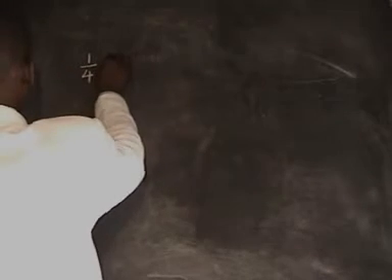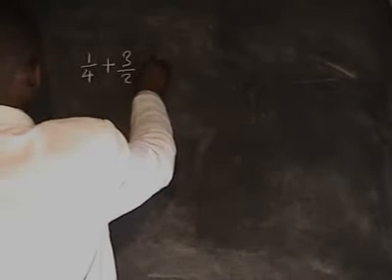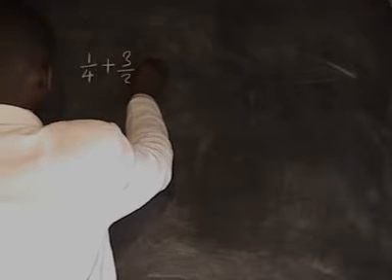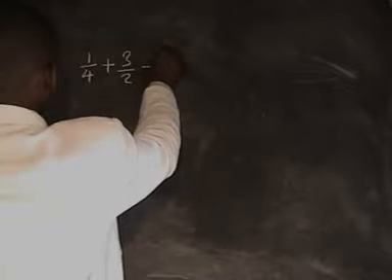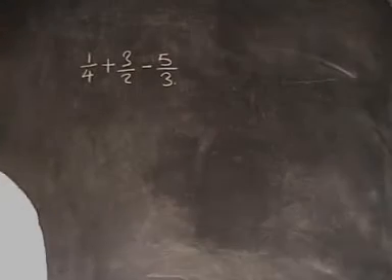So for instance, let's look at this example where we have 1 over 4 plus 3 over 2, then minus 5 over 3.